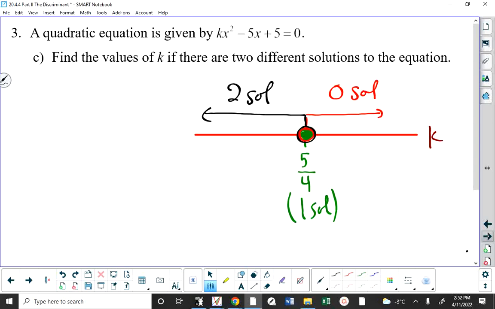So let's solve this one and just confirm that we're going to get two solutions, as indicated in black. B squared minus 4ac, that's negative 5 squared minus 4 times k times 5, must be, if there's two solutions, greater than 0.